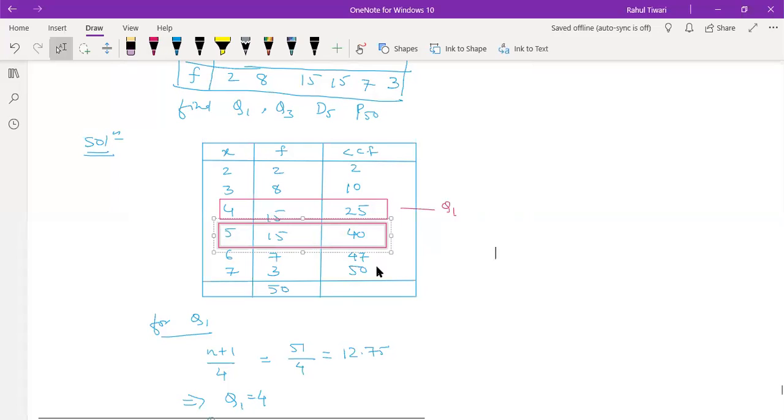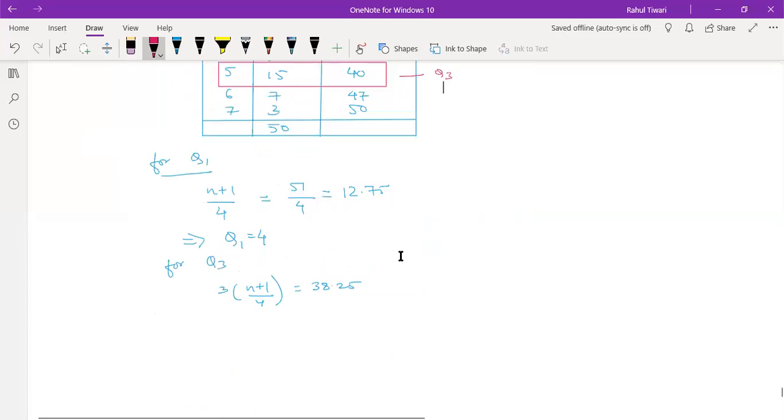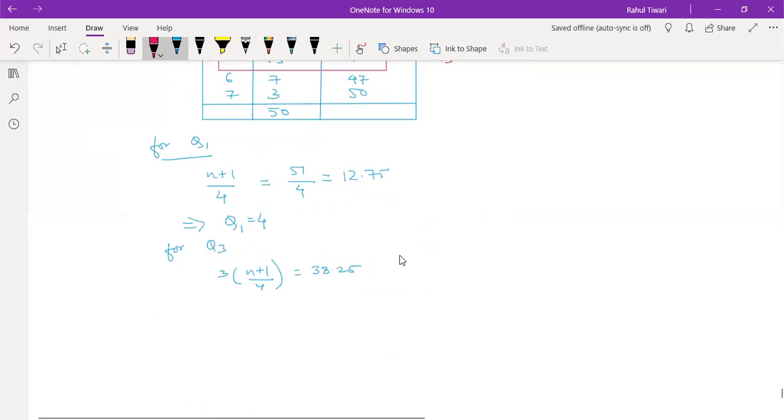So this is the range for Q3. So again, I will say quartile 3 is going to be 5. So one can understand how, for grouped data, these quartiles are very simple to calculate. Okay, let's go to the next one.